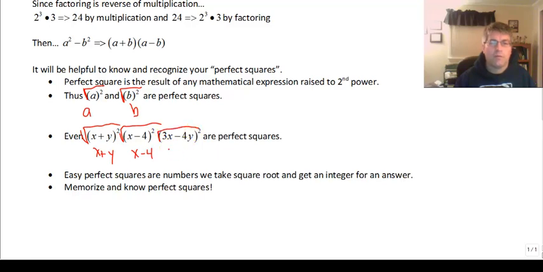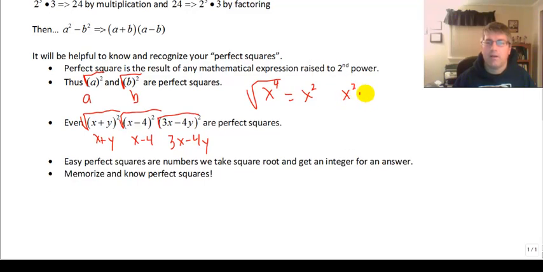The square root of the quantity 3x minus 4y squared is 3x minus 4y. And just to give you an example, the square root of x to the 4th is x squared. Because, well, what's x squared times x squared? Same number multiplied 2 times in a row. There you go, that's x to the 4th. And that works for any even exponent.